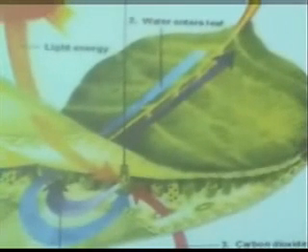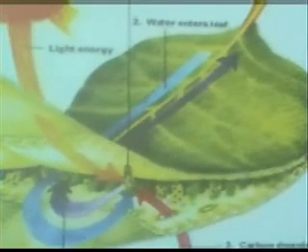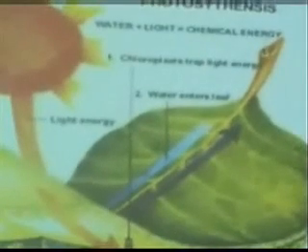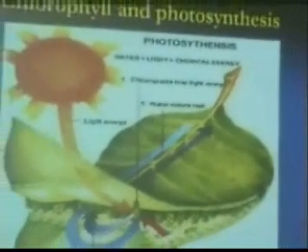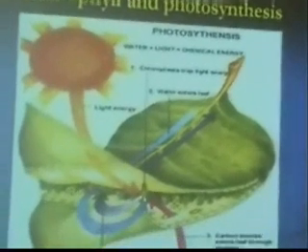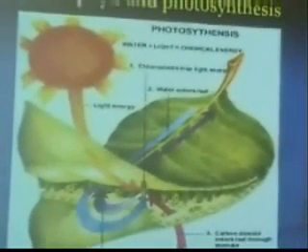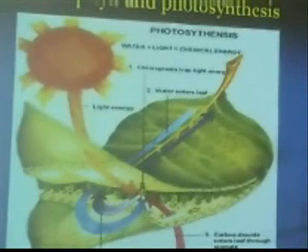It comes from the soil through the conducting system up through the leaf until it reaches the chloroplast. And then the carbohydrates produced inside the chloroplast move from the chloroplast through the other conducting system called the phloem.